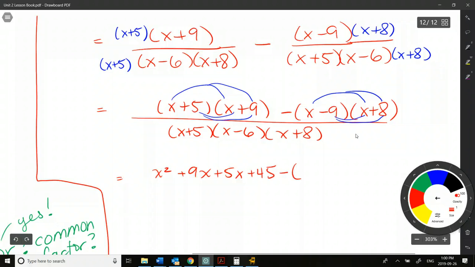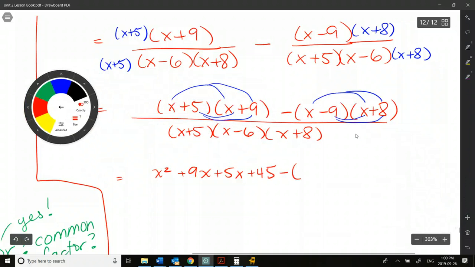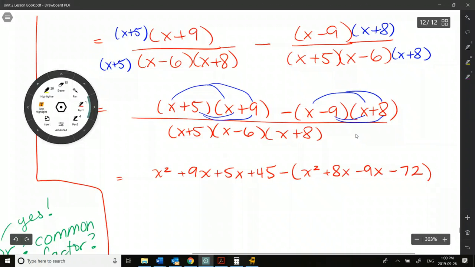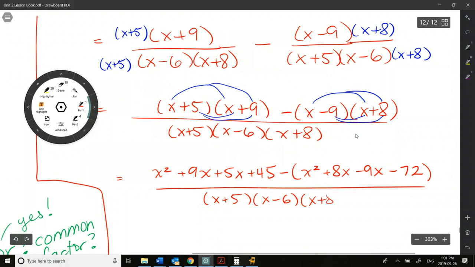But for the second part here, when I FOIL, I'm actually leaving this whole thing in brackets. So it'll be x times x, which gives me x squared, x times 8, negative 9 times x, and negative 9 times 8. And again, I'm leaving that in brackets because the negative term actually applies to everything in that second bracket that I've expanded there.